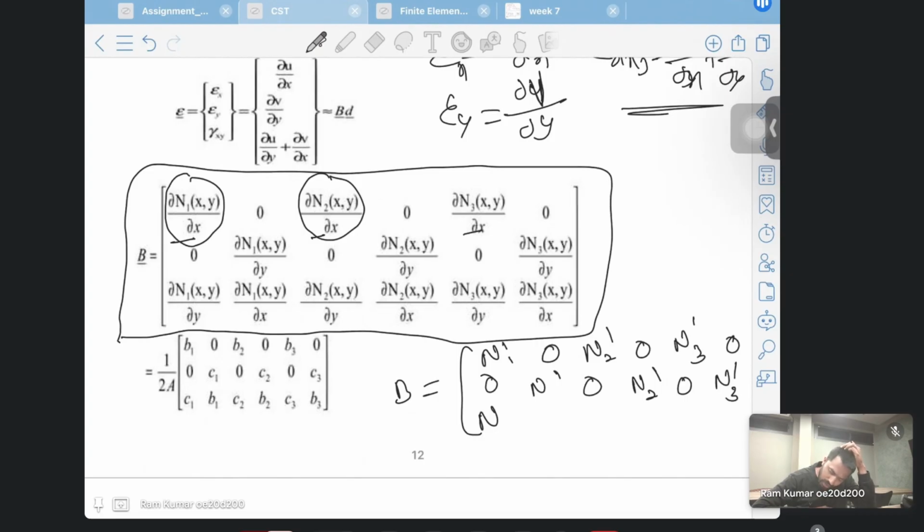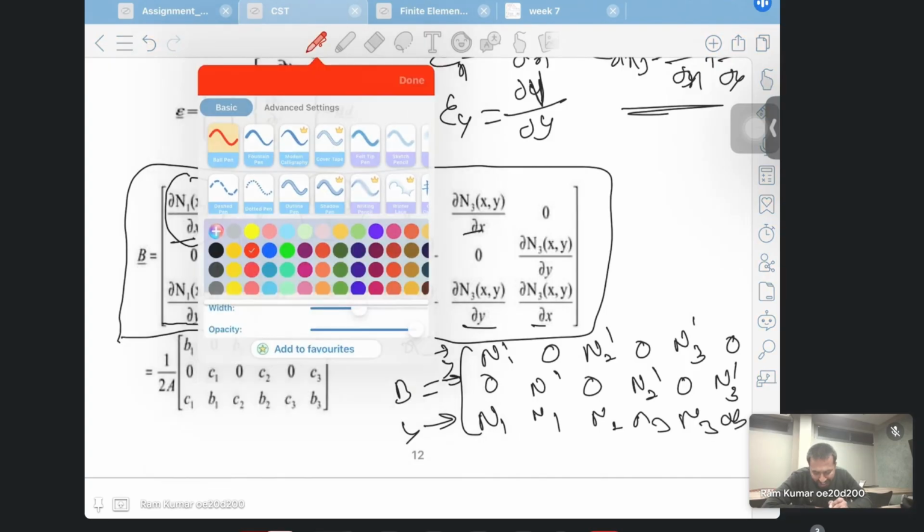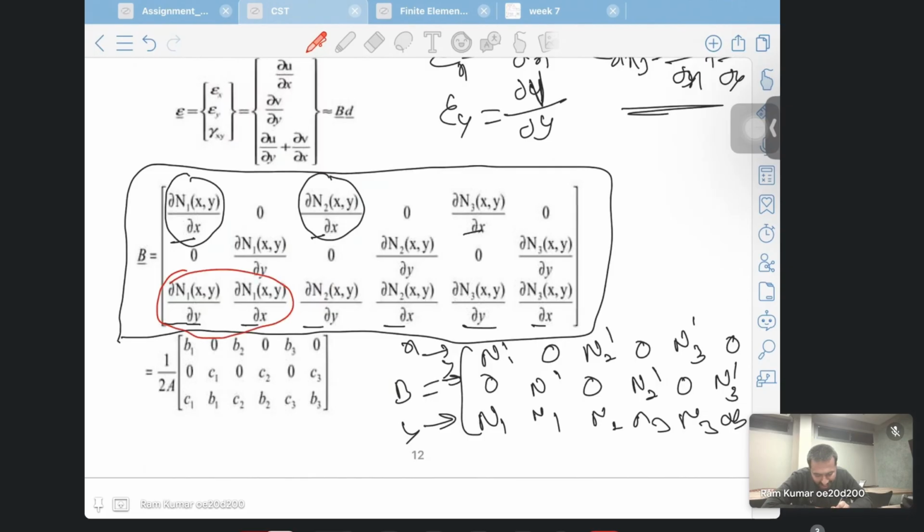First we do it with x, then with y, then two terms of y. First for N1, then again for N2, then last for N3. Some trick we have to make.